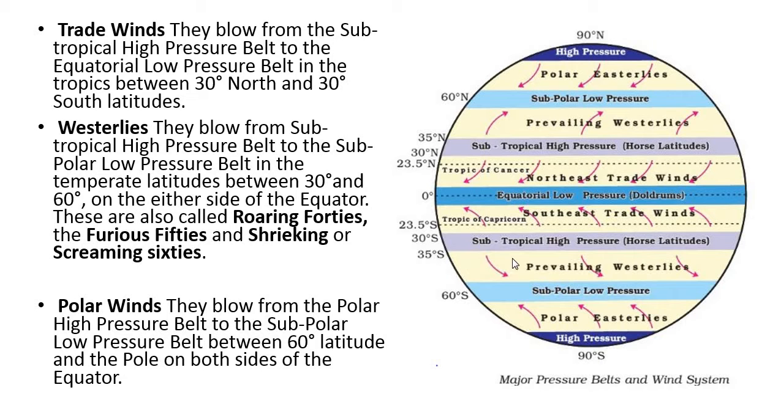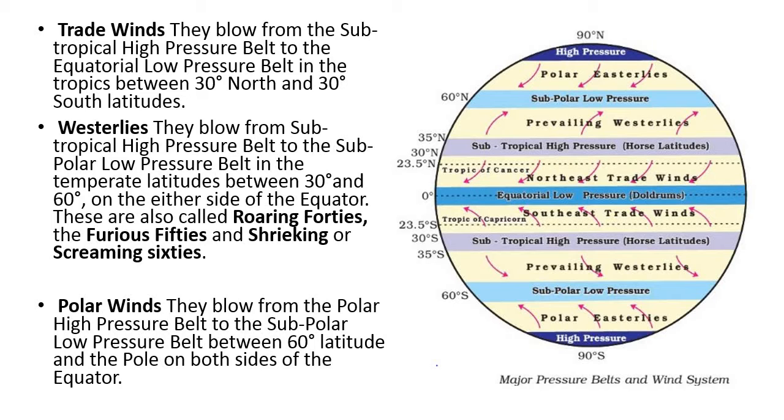In different latitude they are having different name. 40 degree latitude is called as the roaring 40s, 50 degree latitudes are called as the furious 50s, and 60 degree latitudes are called as shrieking or screaming 60s latitude.